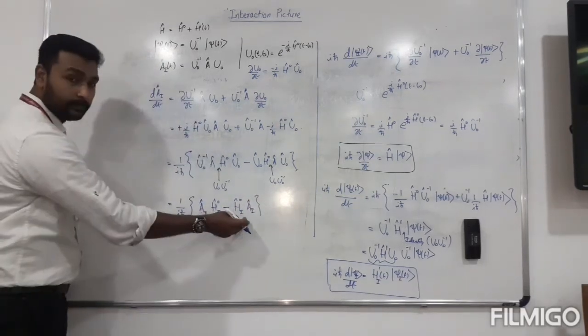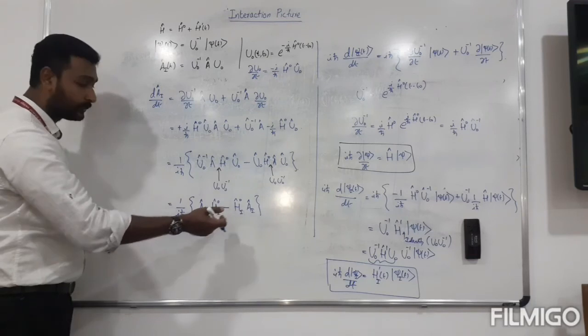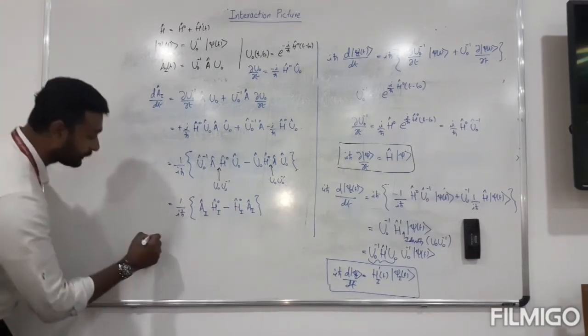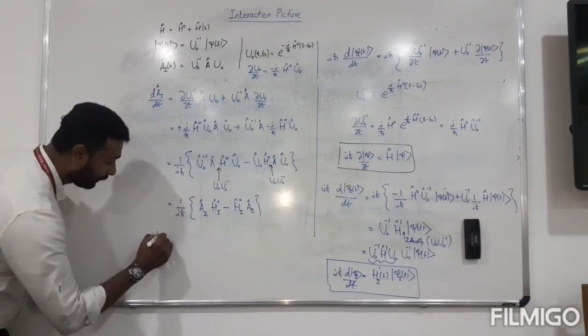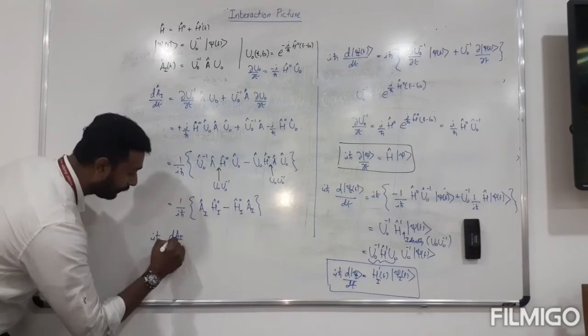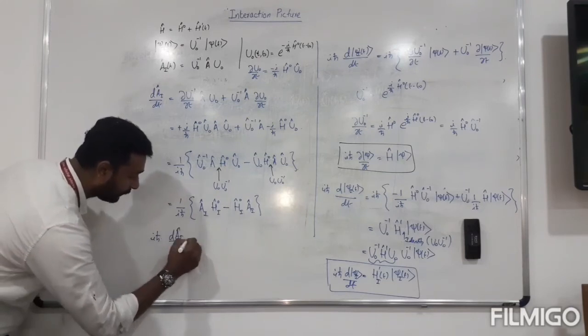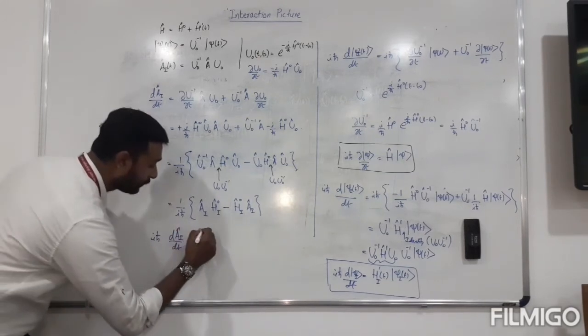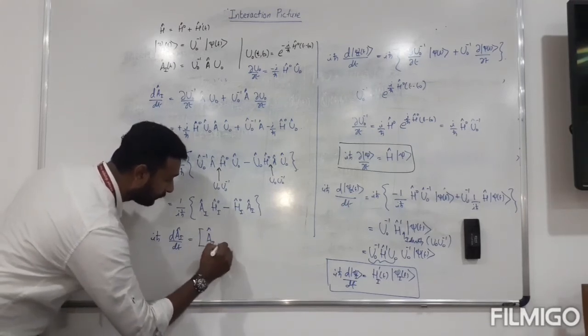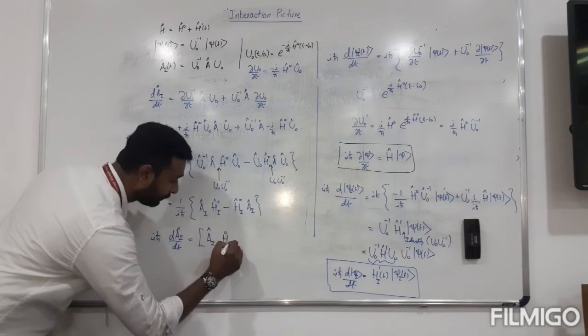And what is this term? You already know, it is a commutator. I can take my i h cross to the left side, so this becomes i h cross d a_I by dt equals the commutator of a_I with h0.